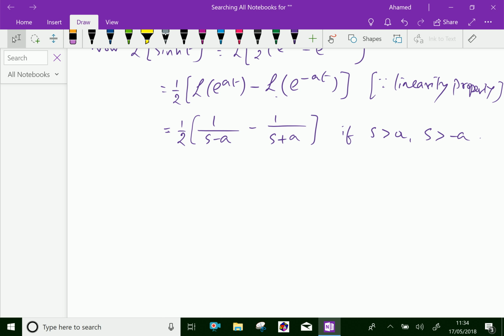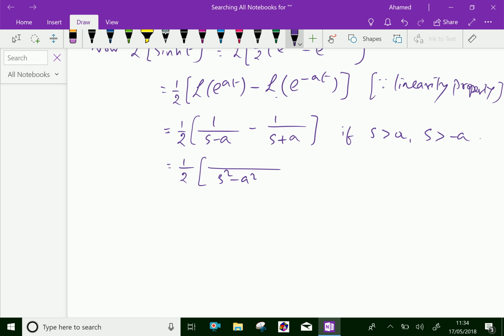Now this can be written as, take the LCM: s minus a into s plus a is s square minus a square.